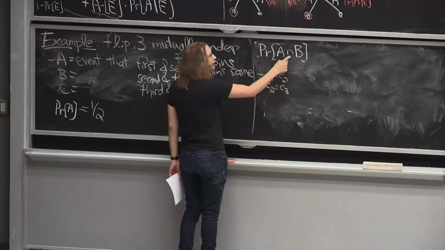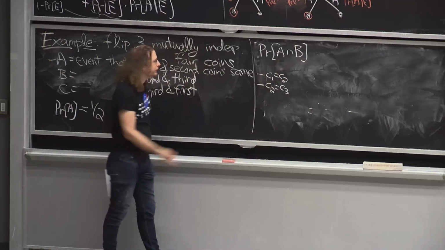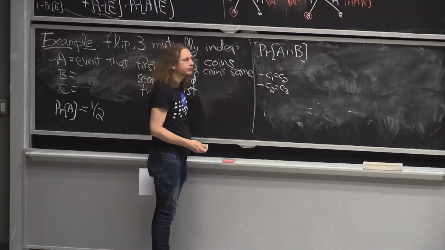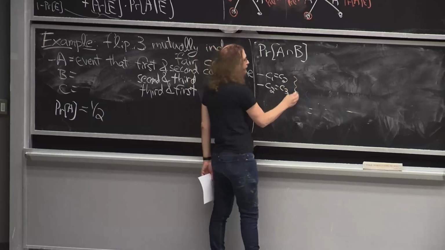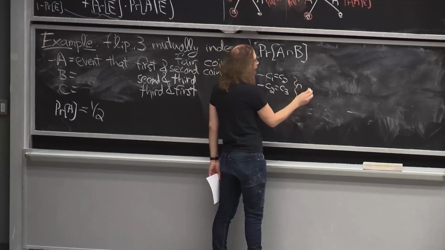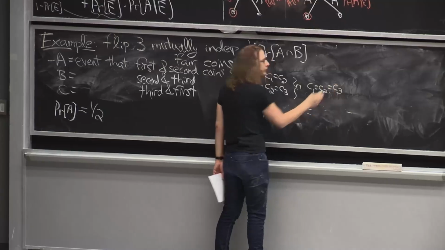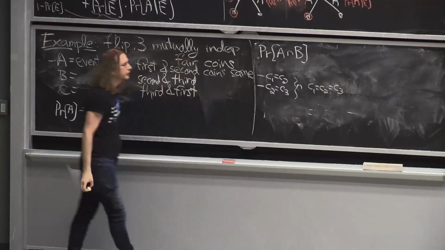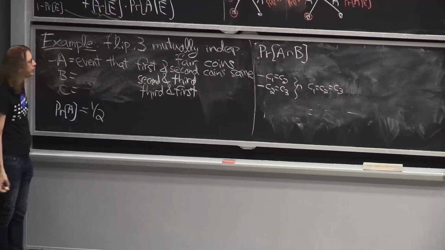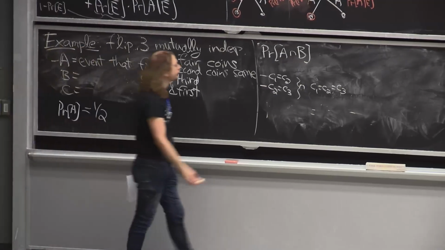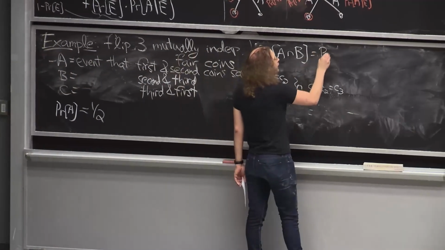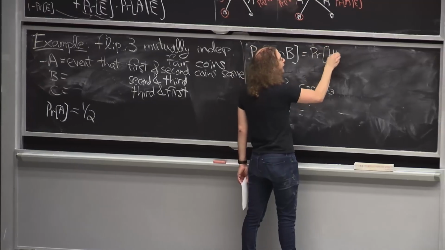If both of those things happen, if C1 equals C2 and C2 equals C3, the intersection here is C1 equals C2 equals C3. So in other words, this is the probability of heads, heads, heads.